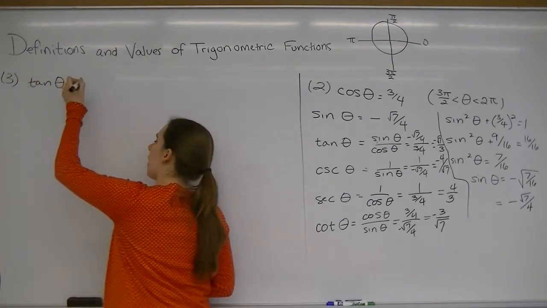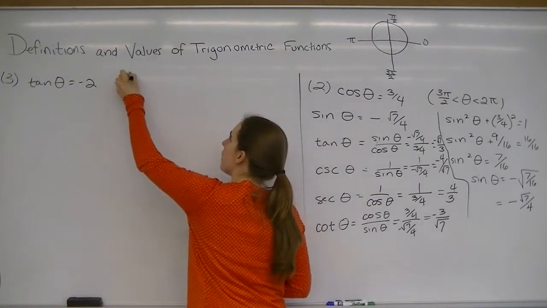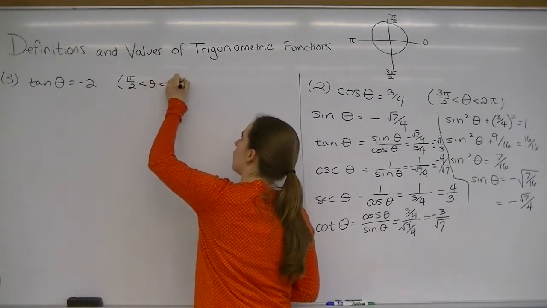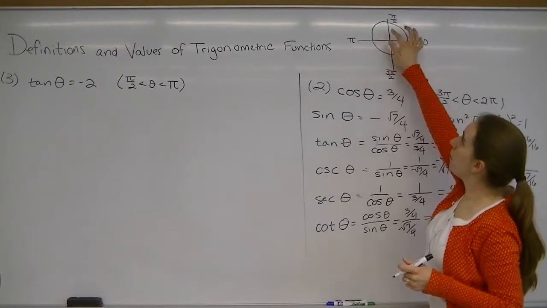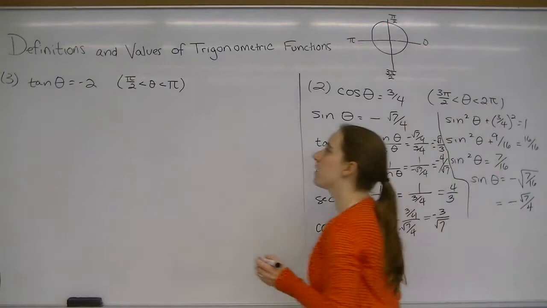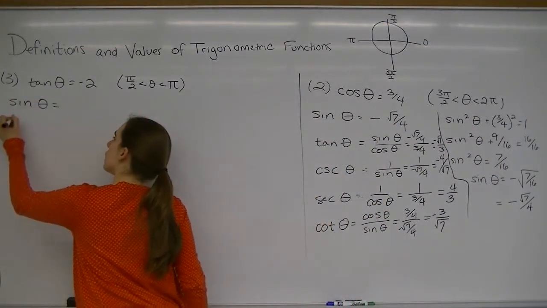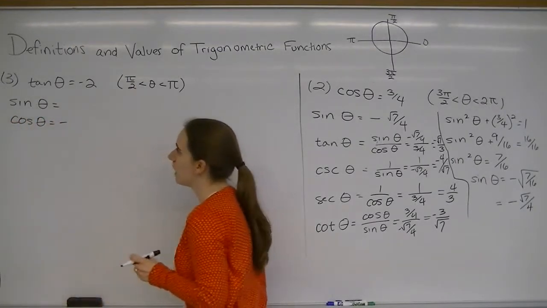So this time I want to start with tangent of theta. And I want to say that we're going to be between pi over 2 and pi for our angle, which puts us here. So that means that my sine values, my y values are positive, but my cosine values are negative. So I'm going to make a note to myself to remind myself my cosine values are negative.